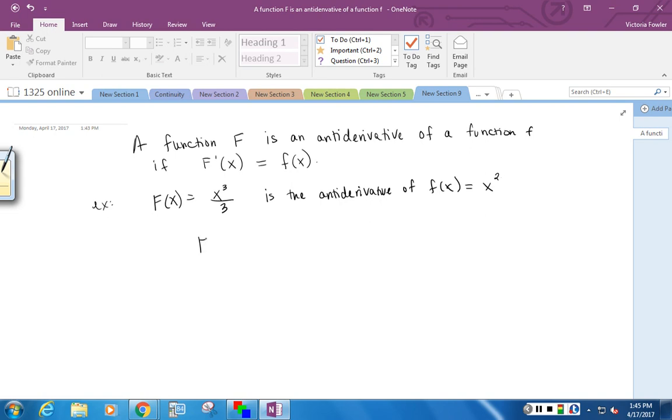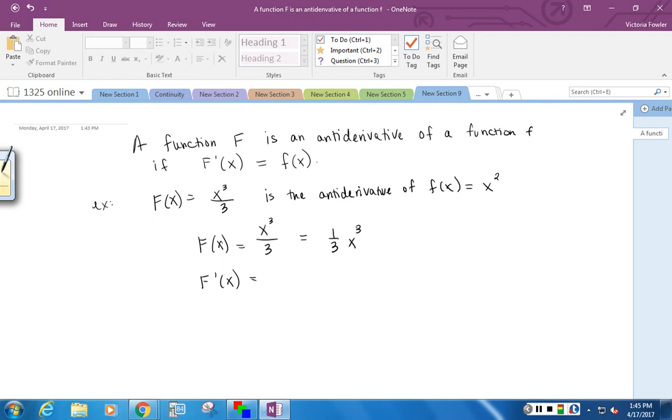I can write capital F of x as 1/3 times x cubed, then the derivative, capital F prime of x, is equal to what?